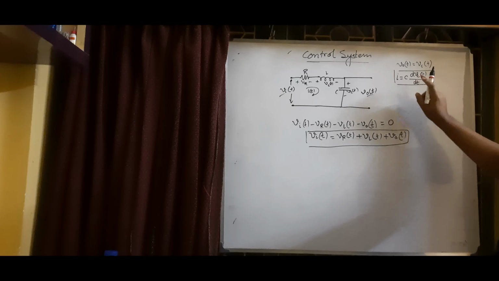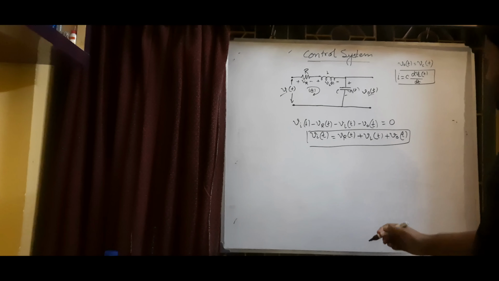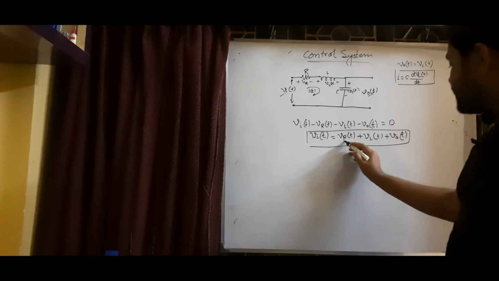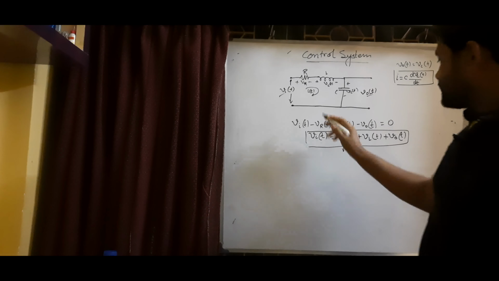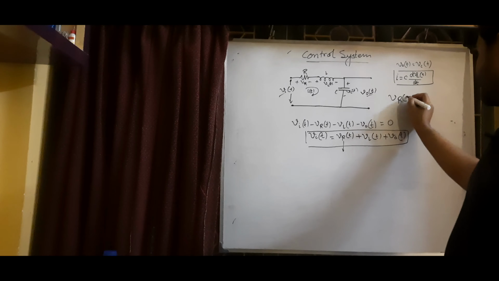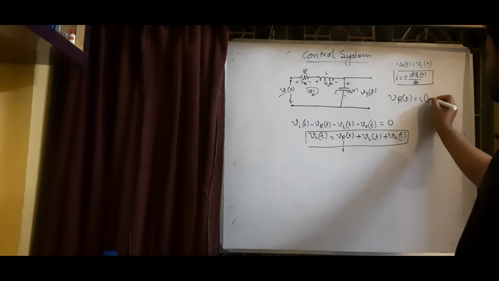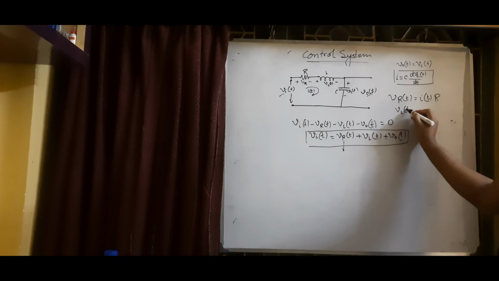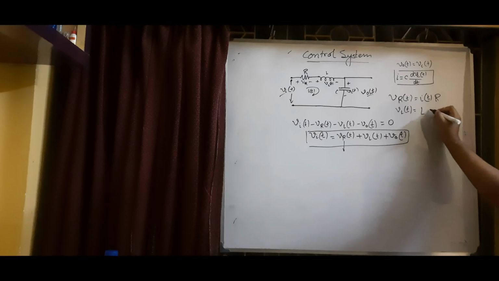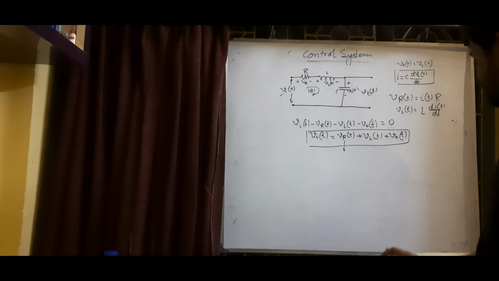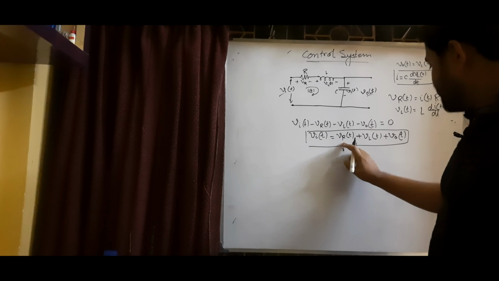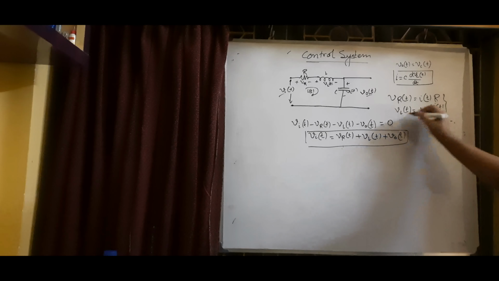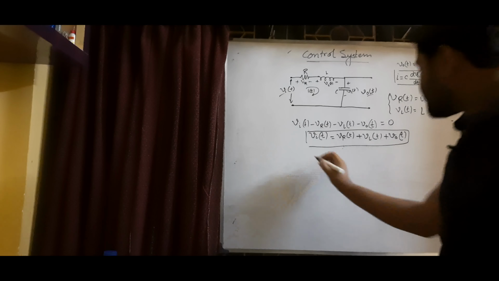I will use this one later. Now for the resistance, we can write v_R(t) equals i(t) times R. v_L(t) we can write as L di(t)/dt. So let me put all these terms in this equation.